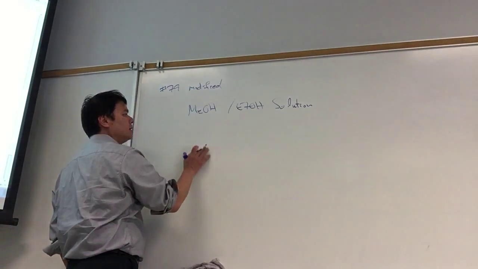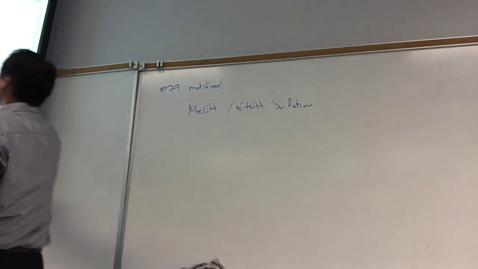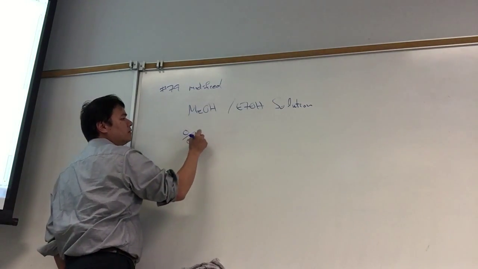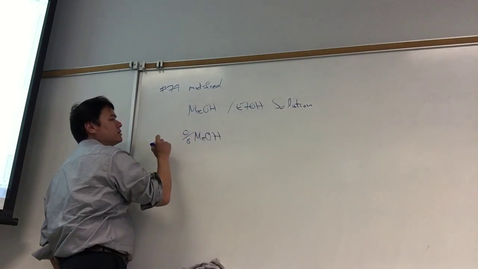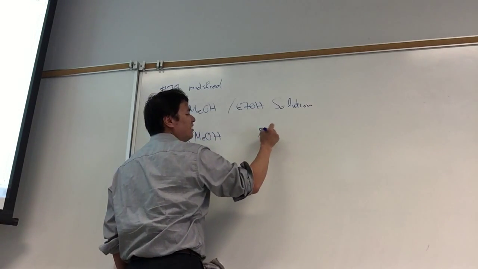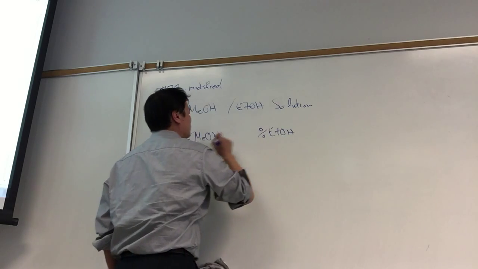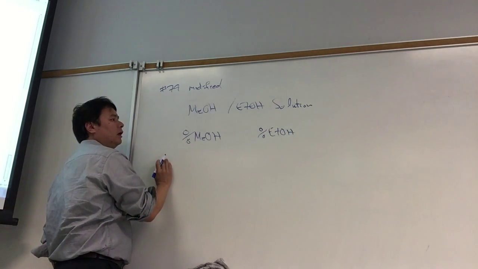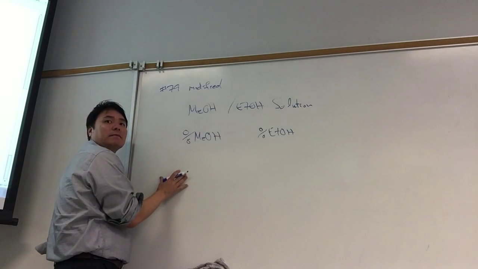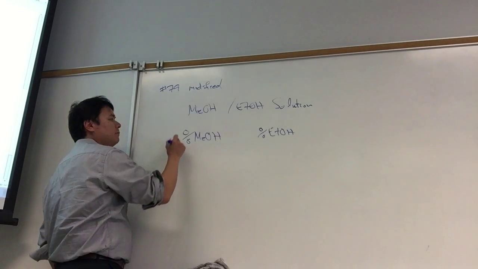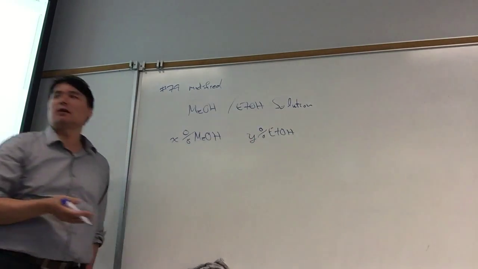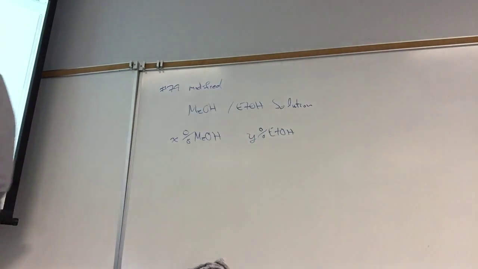We want to know how precisely can we determine the composition. And so what we want to know is what is the percent methanol in this? And what is the percent ethanol in this mixture? By knowing the density. Basically we have two unknowns, X% methanol, Y% ethanol.